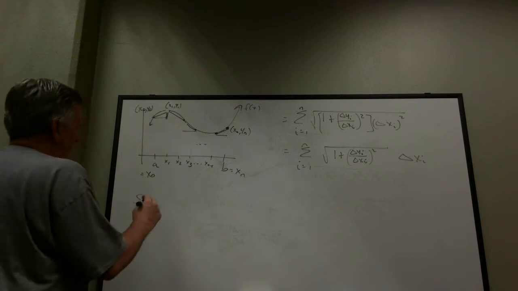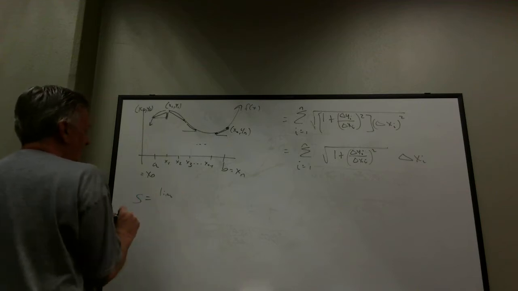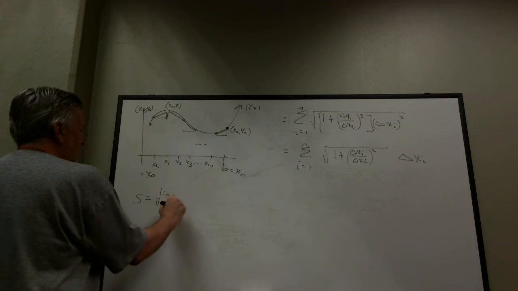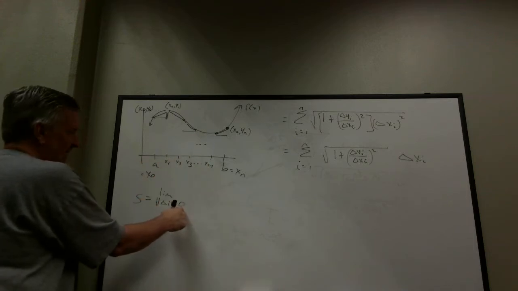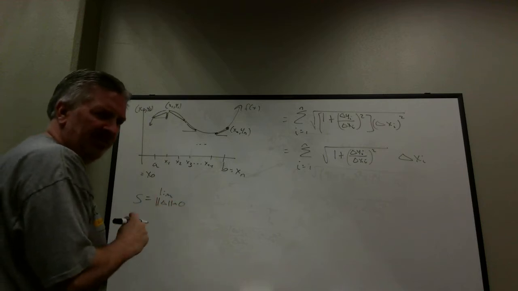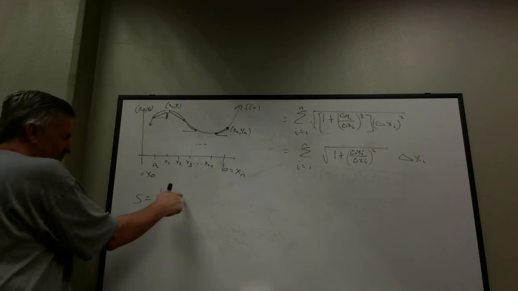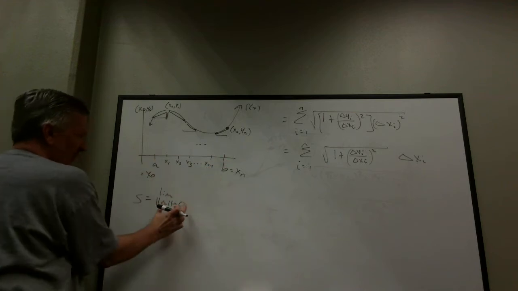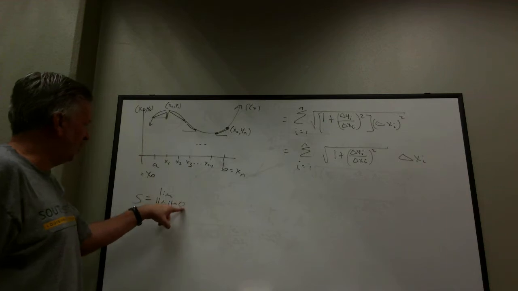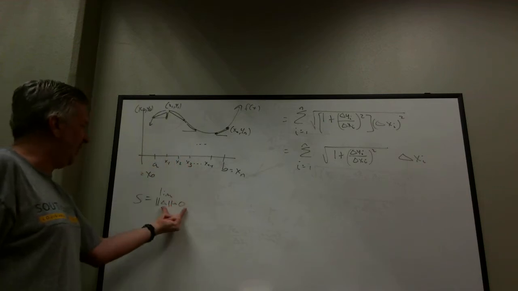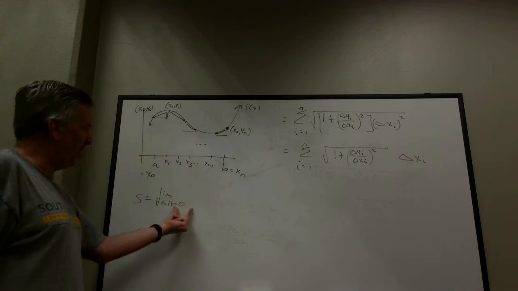Well, if we take the limit as the partition goes to 0, remember I didn't take an equal partition, so I can't just say n goes to infinity here. If you go back and look at, I think section 4.3, that's where we had to do this. If you don't take an equal partition, you have to do that. Remember what this means? The length of the largest interval has to go to 0.